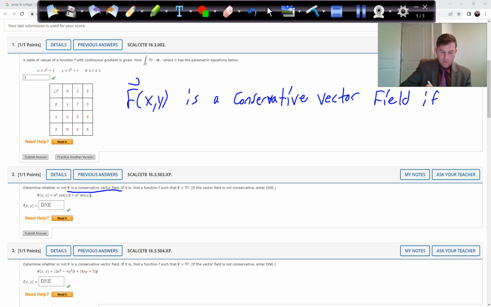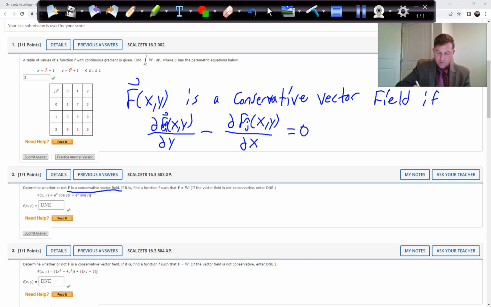if the partial derivative of F's i component with respect to y minus the partial derivative of F's j component with respect to x equals 0.